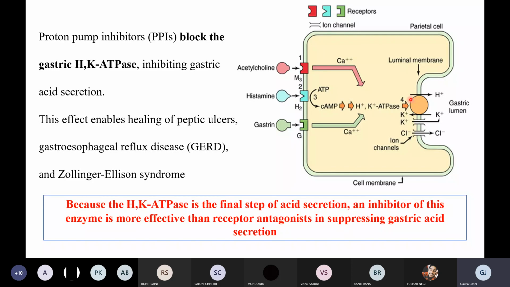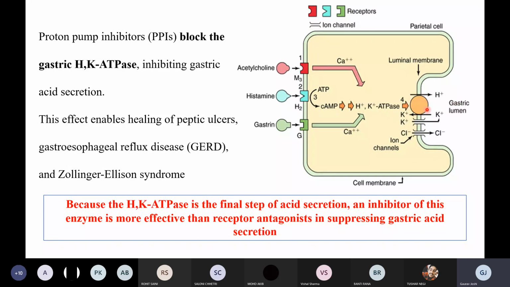Because the proton pump is located on the membrane inside the cell, because the hydrogen is actually exchanged from inside of the parietal cell to the gastric lumen, and the potassium is exchanged from the gastric lumen to the parietal cell, right? So this proton pump is actually located in the transmembrane region of the parietal cell, right?